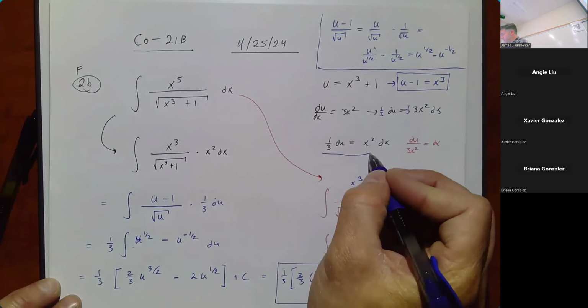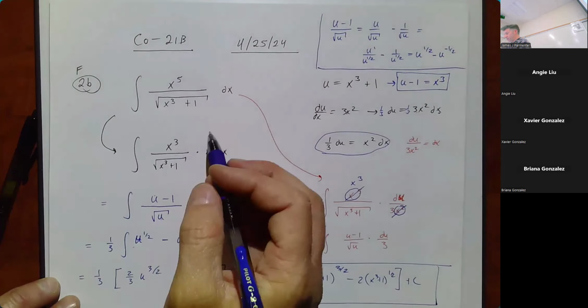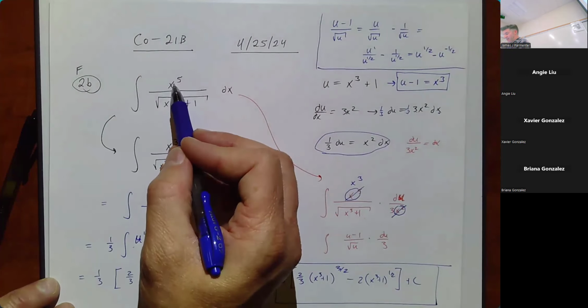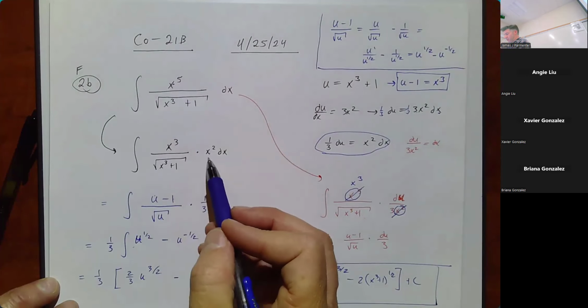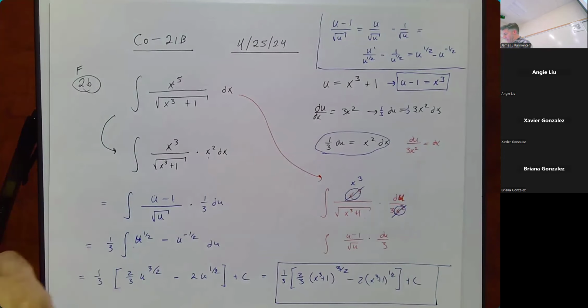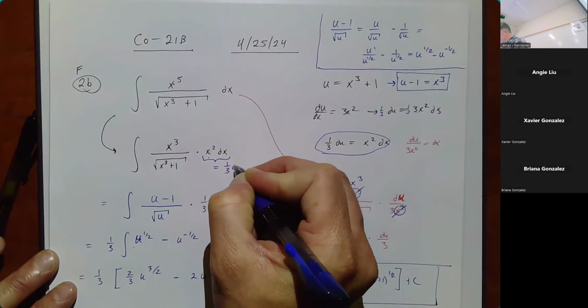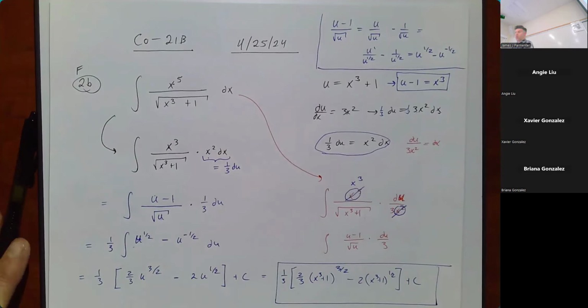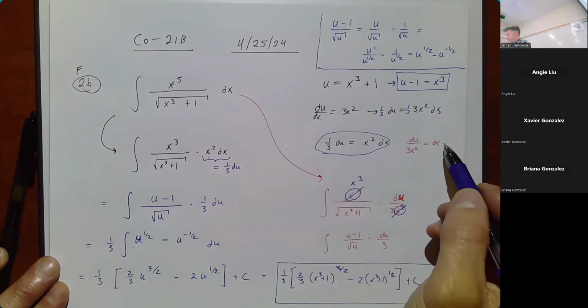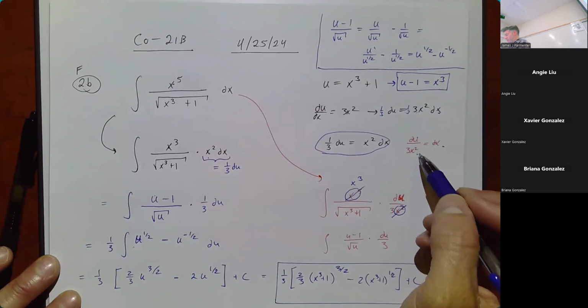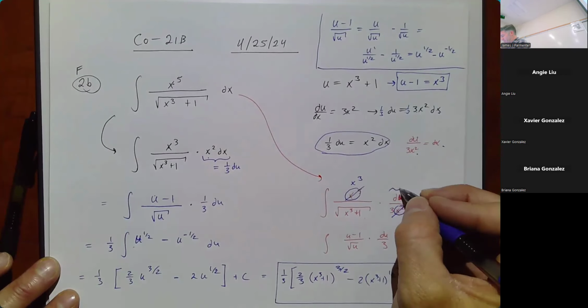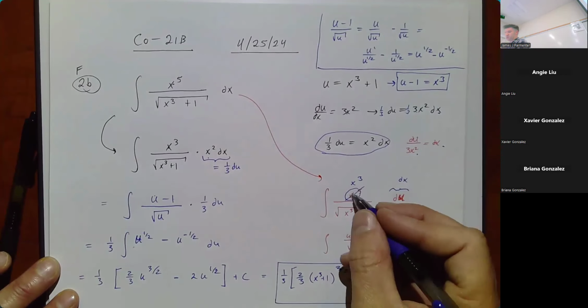And so then this, I was looking for in my integral, so I rewrote my x to the 5th as x cubed times x squared. And then the x squared dx, that gets to be replaced by 1/3 du. Or you can do it this other way where you say dx is equal to du over 3x squared, and then write that in for dx, and then make sure the x squared cancels with the x squared there.